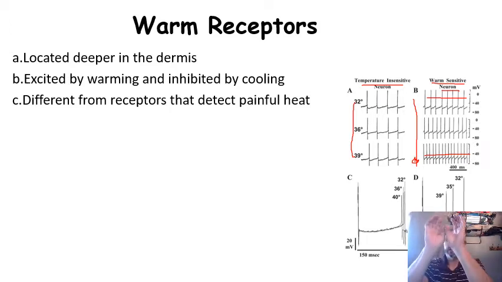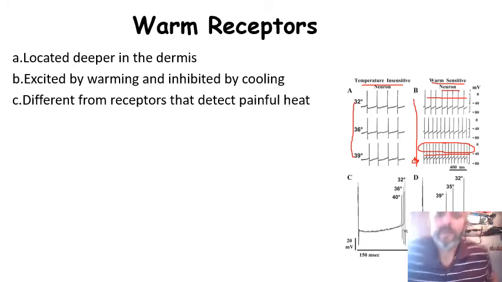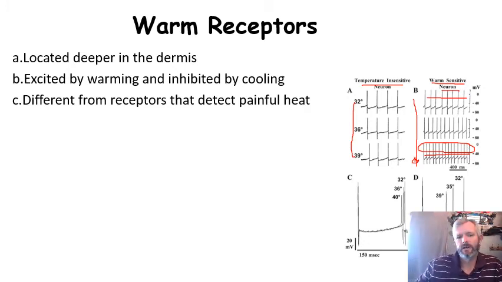Okay, so the TRP, transient receptor potentials, open to warmer temperatures. As they open, sodium and calcium come in, and that's going to cause a higher firing, a more excitatory signal in the neuron, and will cause them to fire more frequently. Okay, just the opposite of what we saw with the cool. The warm receptors are inhibited when the temperatures start getting cooler.